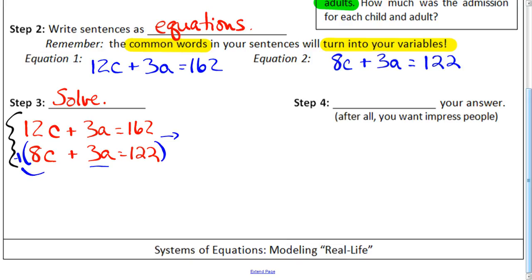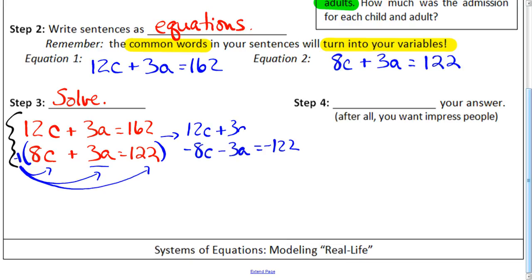So the negative 1 goes times 8C, and I get negative 8C. Negative 1 times 3A is minus 3A. The equal stays. Negative 1 times 122 is negative 122. The other equation is fine because, again, you're looking so that one variable will disappear when I add these up.